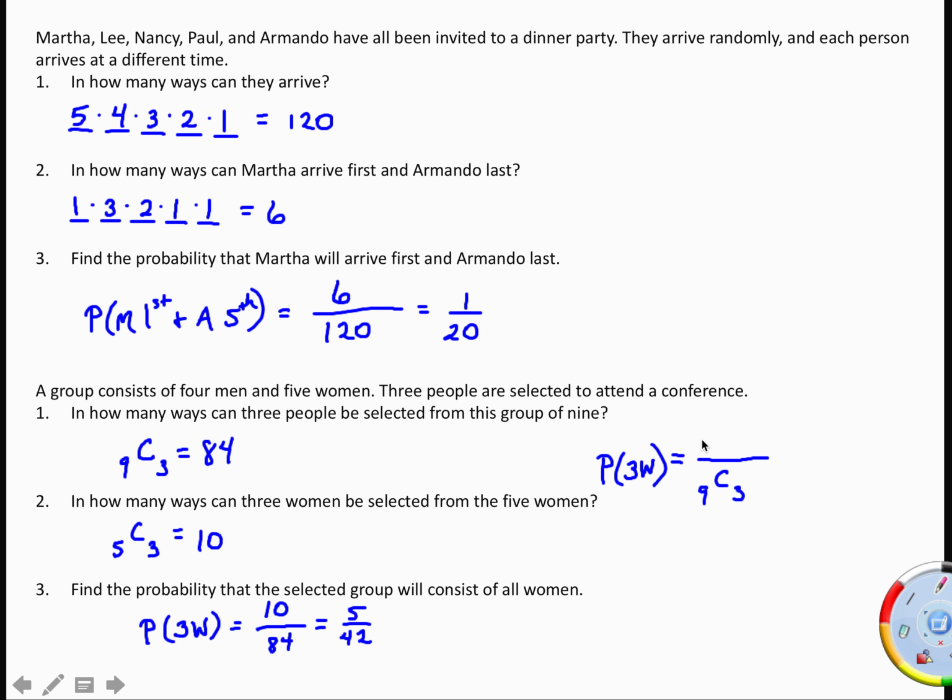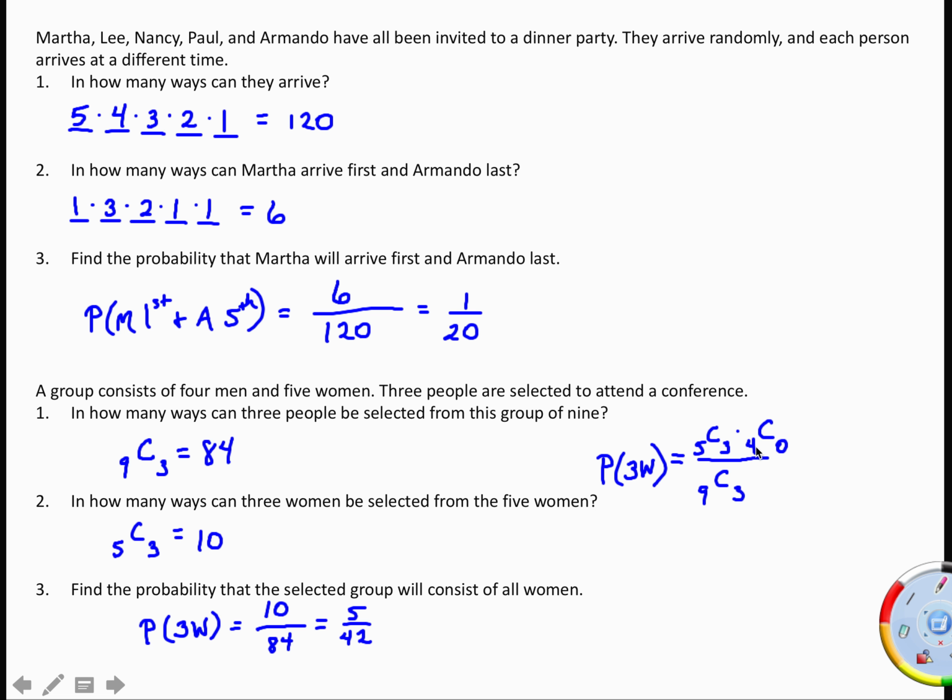Now, if I want to know how many ways I can choose 3 women from the 5 women, it's 5, choose 3. So really, there you are. That's what we just did down here, except we did them individually. But keep in mind, that's because I chose 3 women, all 3 women. So that really means technically had this going on also.